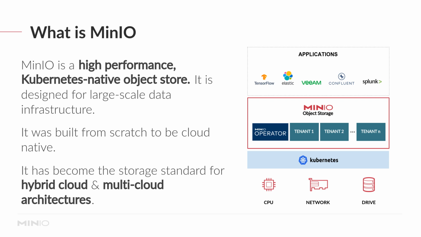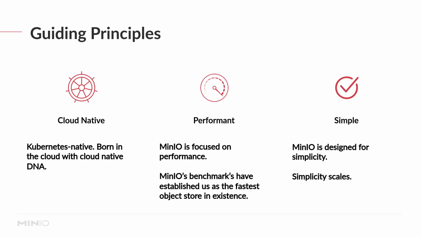It's a highly efficient binary. MinIO was conceived and built for large-scale cloud storage architectures and has distinguished itself to become the storage standard for hybrid cloud and multi-cloud architectures as well as edge. And again, that's all because it's such an efficient binary.